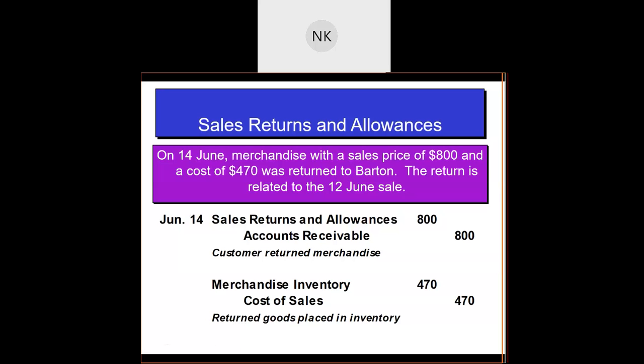Okay. So maybe you are afraid, but actually you have to understand. If you are afraid you might forget, you can try to memorize, in terms of making sure that you don't get it wrong. But the most important thing is you understand why you have to debit inventory, why you have to credit cost of sales, and the first one, why you have to debit returns, why you have to credit accounts receivable.